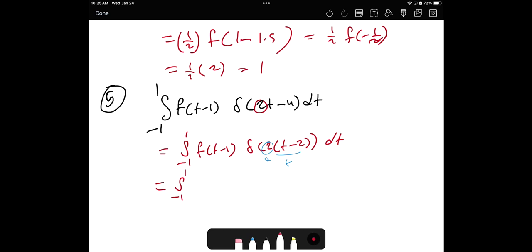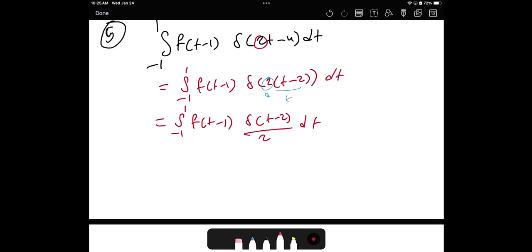Integral between -1 to 1, f of t minus 1, delta of t minus 2, divided by 2, dt. Put 1/2 outside of the integral between -1 to 1, f of t minus 1, then delta t minus 2 dt.